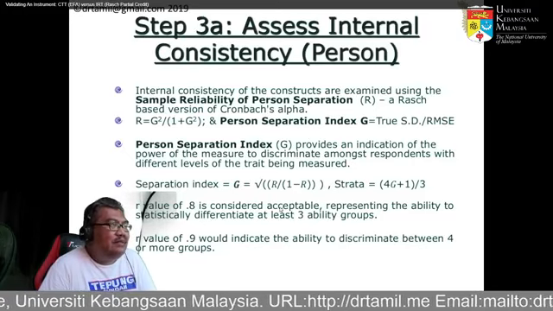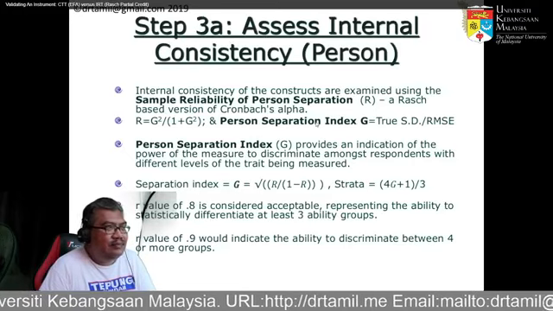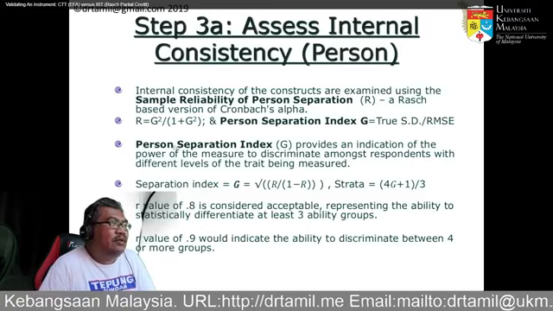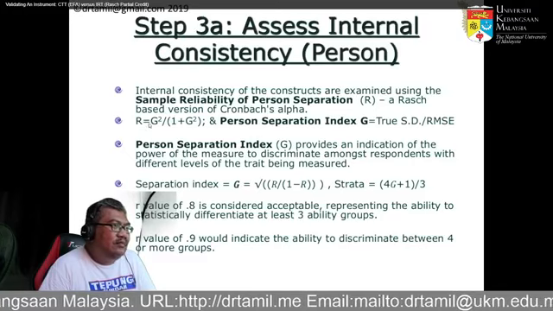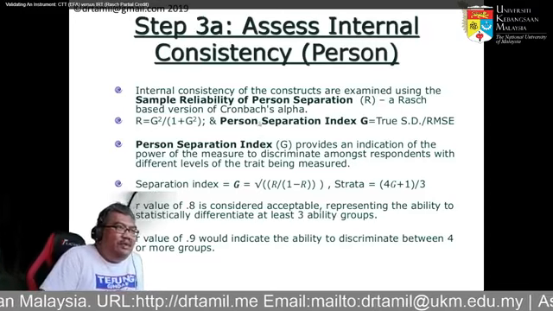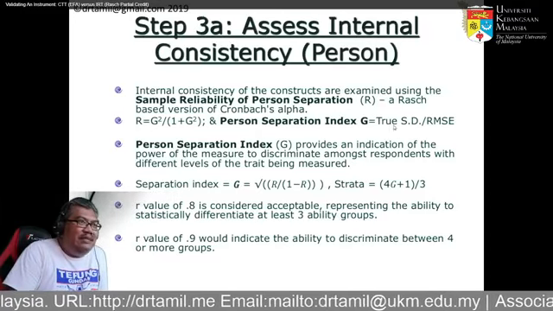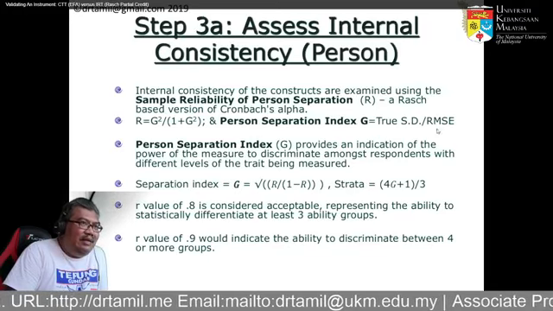It is based on a long-winded method. It is based on G. The G is what we call the person separation index. We get the person separation index from the true SD divided by the RMSE.